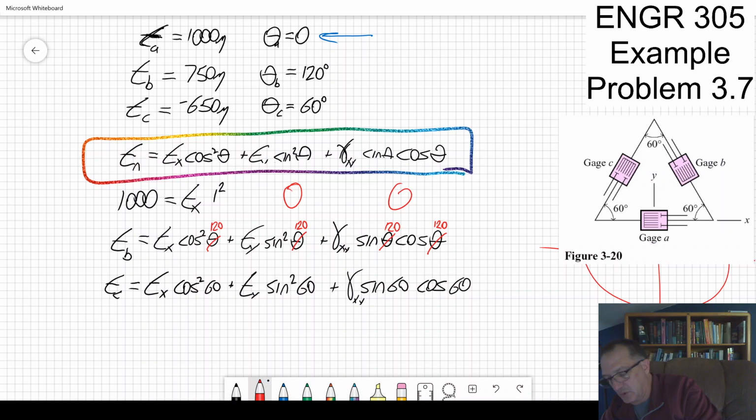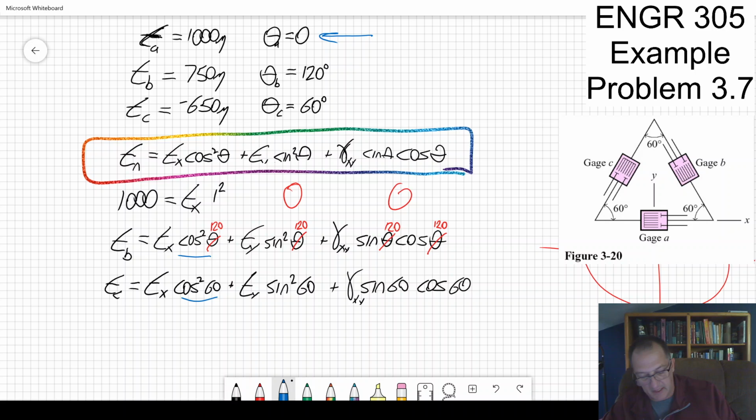But cosine of 60 is equal to minus cosine of 120. So it doesn't matter for this term or this term because I square it. But on these terms, when I multiply those together, they're going to have the opposite sign.